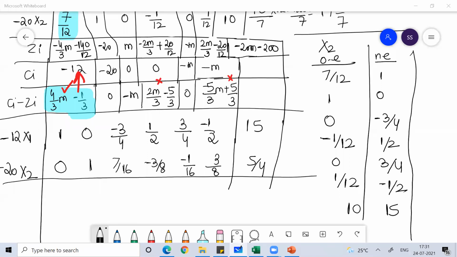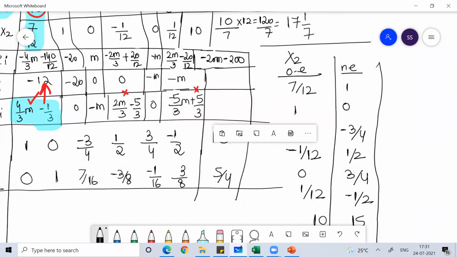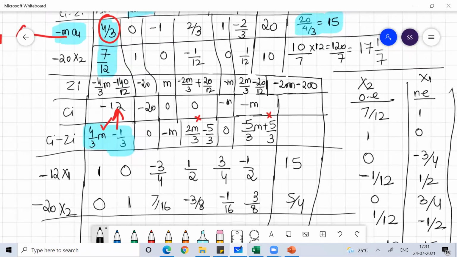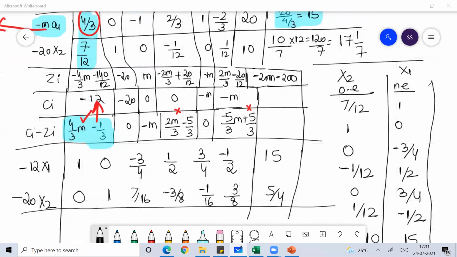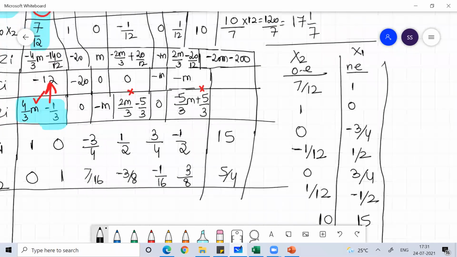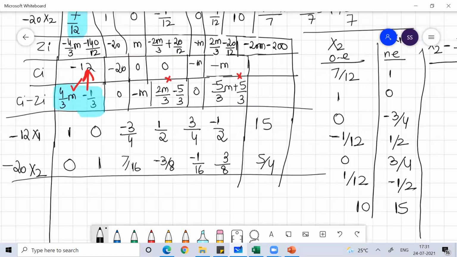Okay, guys, so these are the old values of x2, and the new values you get for x1. What would be the constant for this equation? 7 by 12. The 7 by 12 will be the constant for the equation. So use the formula: old element minus 7 by 12 of new element. Use this formula and find the values, guys. Find the value of x2.